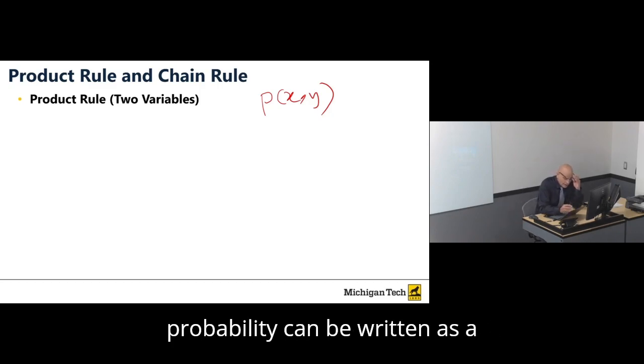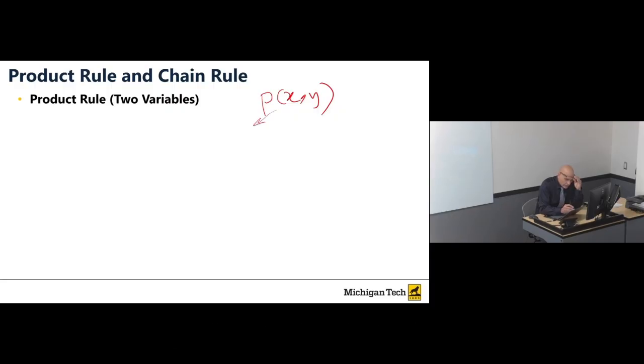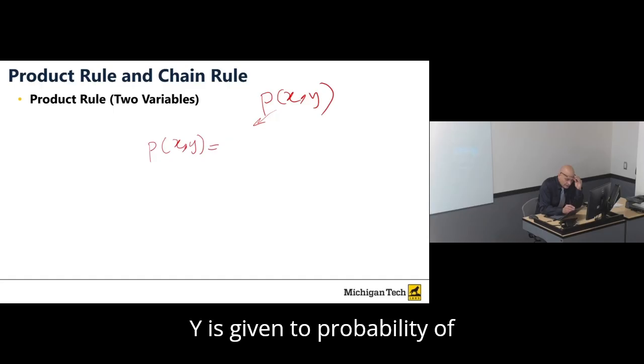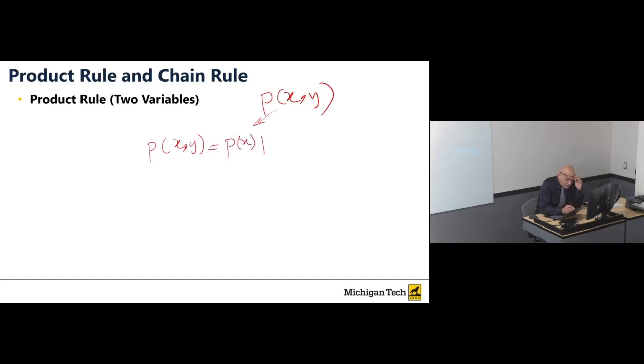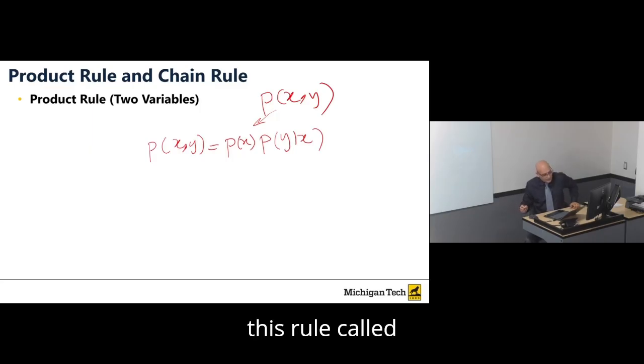So this is the joint probability that we learned. But joint probability can be written as a product of two things. You can say probability of x and y is probability of x multiplied by probability of y given x. This rule is called the product rule.